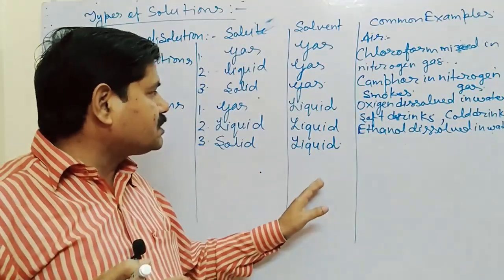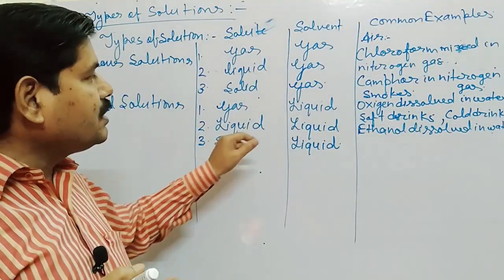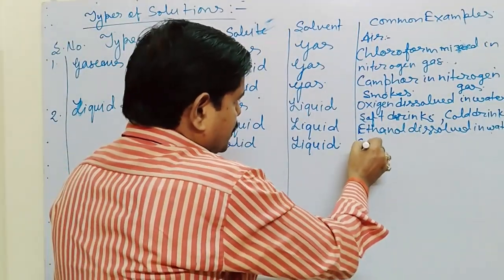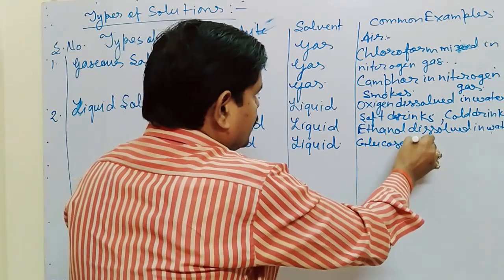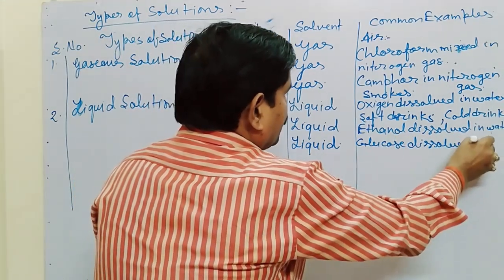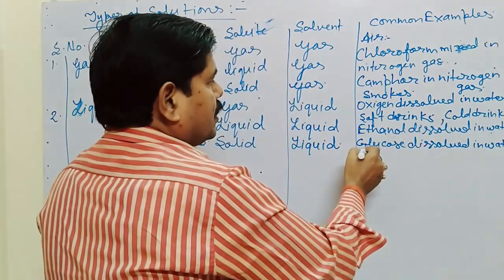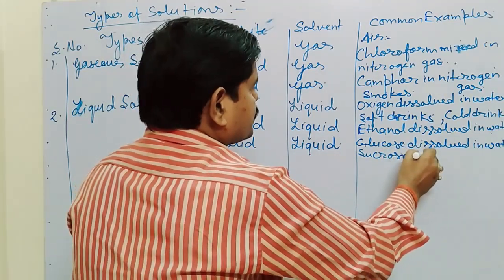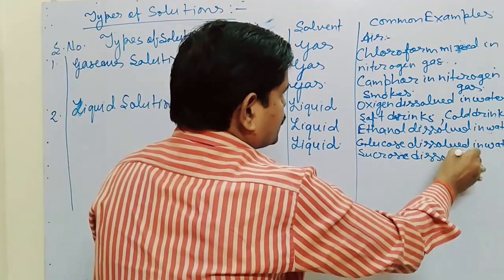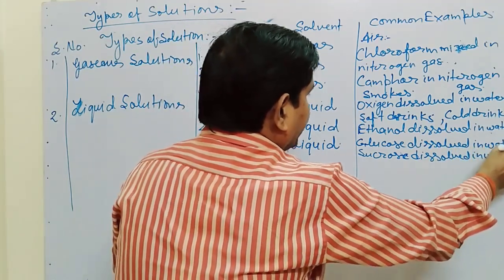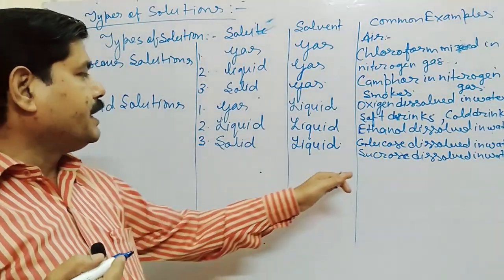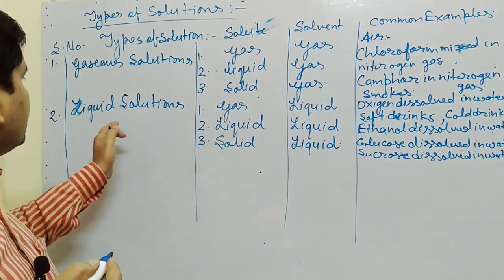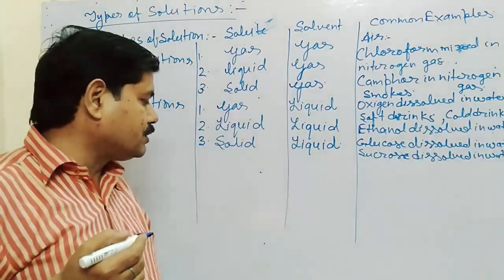These examples are solid in liquids. This is the third type of the liquid solutions.